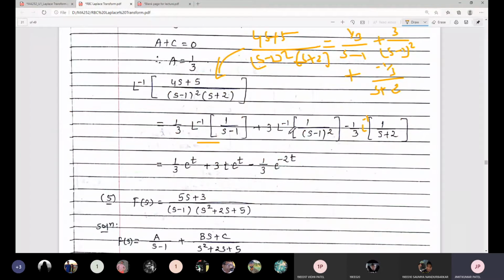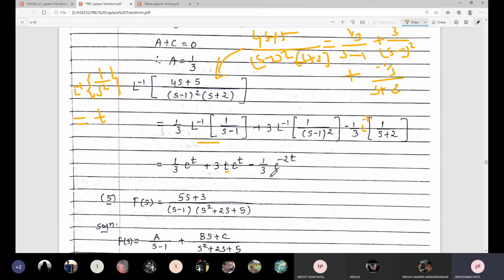Now the Laplace inverse of 1 upon (s minus 1) whole square. First think about the Laplace inverse of 1 upon s square. It is t. Here s is in terms of s minus a, so you have to multiply by e raised to at, and a is equal to 1. So we get t into e raised to t.